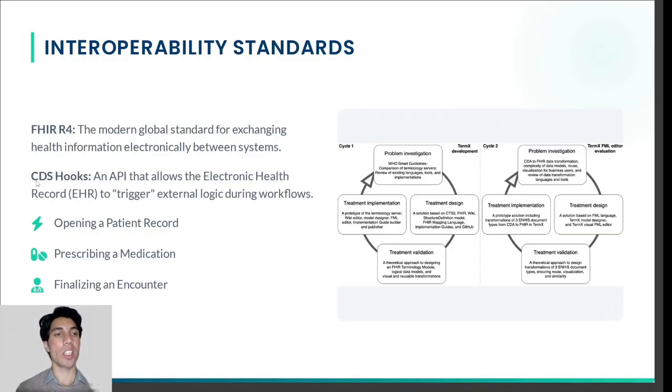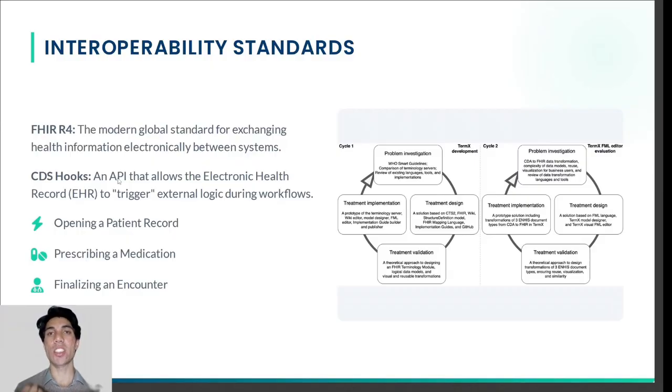And there is something called CDS Hooks, which is, for example, an API that allows an electronic health record to trigger external logic during workflows. So these are basically API hooks attached in our normal EHR systems. And when an event occurs during the normal workflow, these hooks are triggered, and they in turn trigger an external logic.